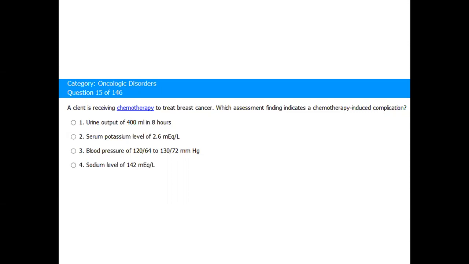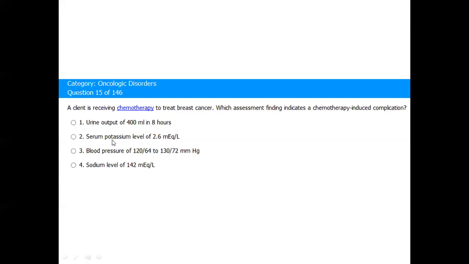So in general, it is considered normal to have a urine output of around 2 or 3 liters every day. But it will vary based on your gender, your age, how much you intake, everything related. But whatever, 400 in 8 hours, nothing abnormal.